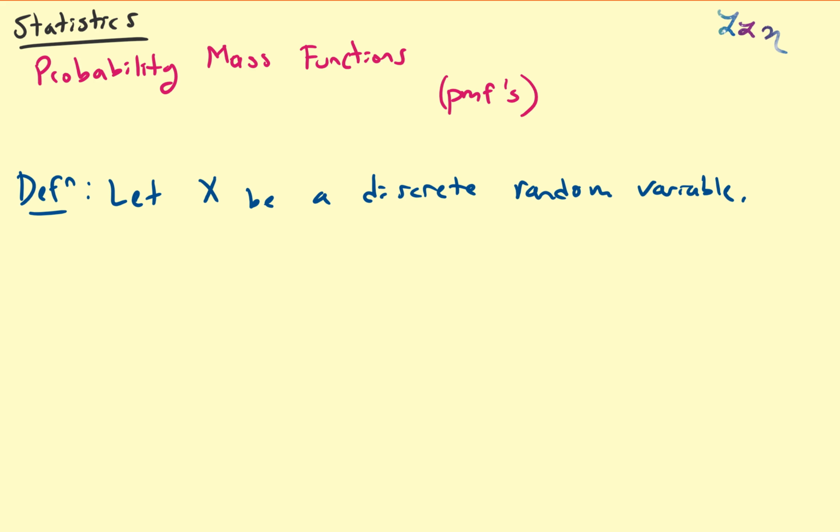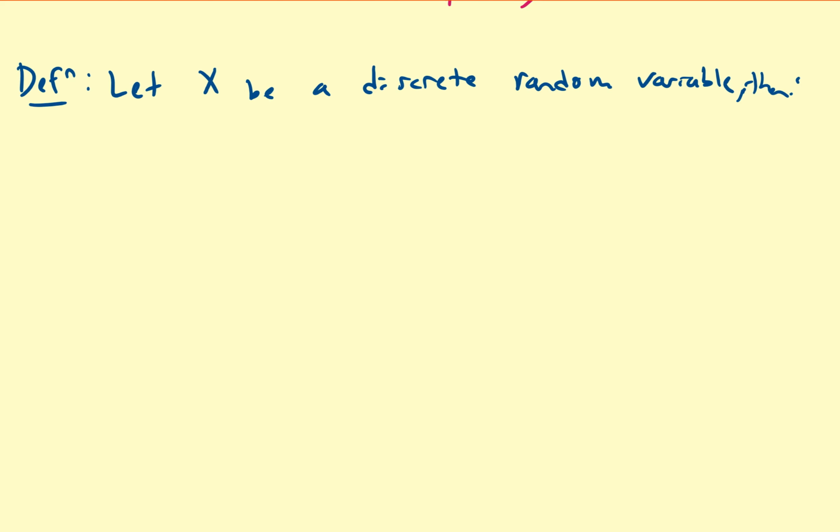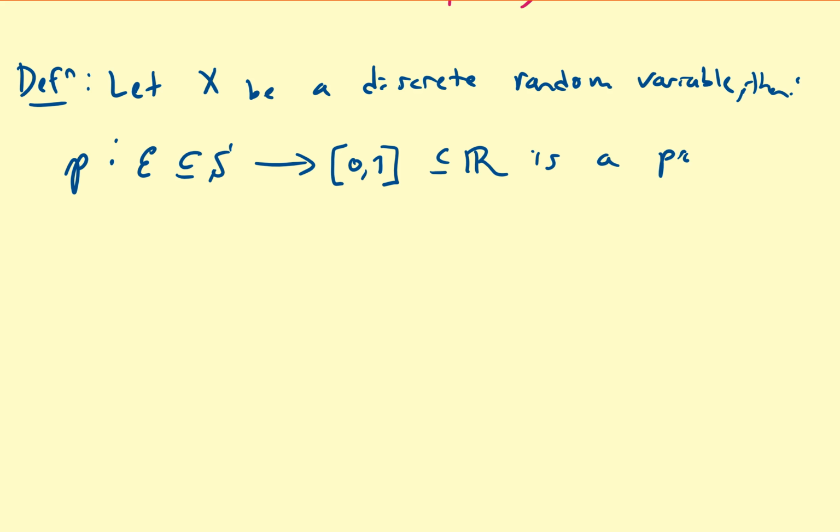So if this is true, then the function p, which will map an event from some sample space to the interval 0 to 1, of course a subset of the reals, is a probability mass function, if the following properties are satisfied.